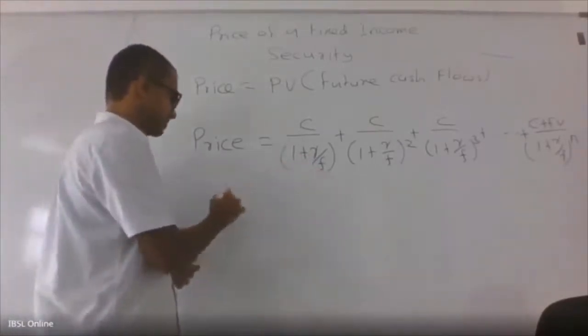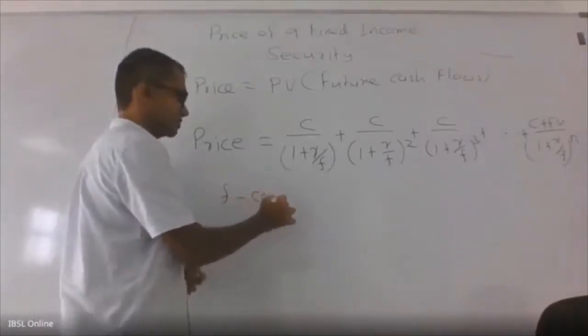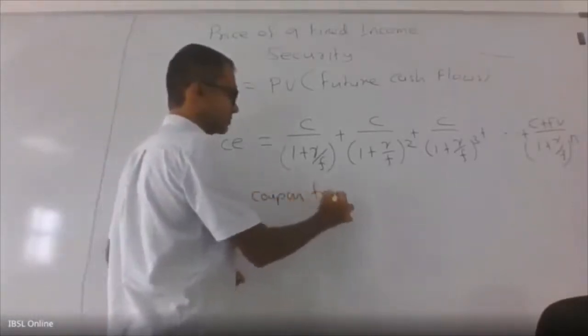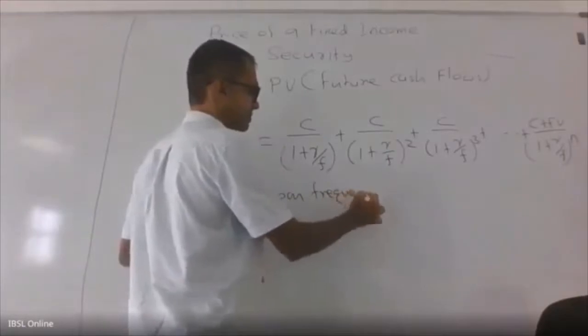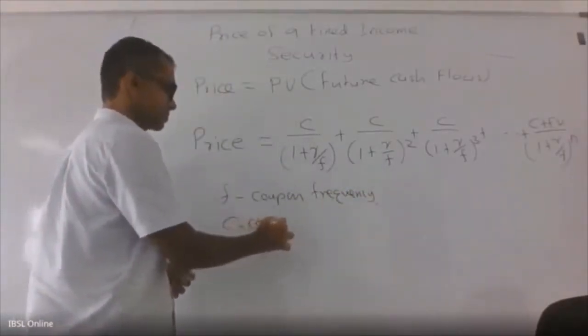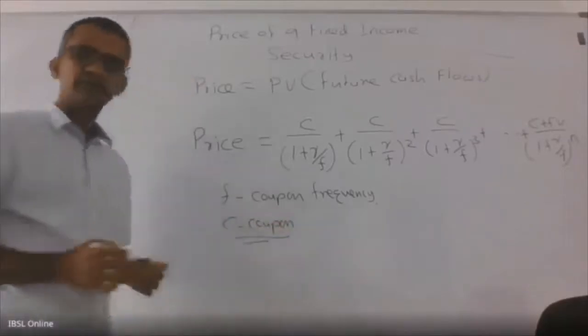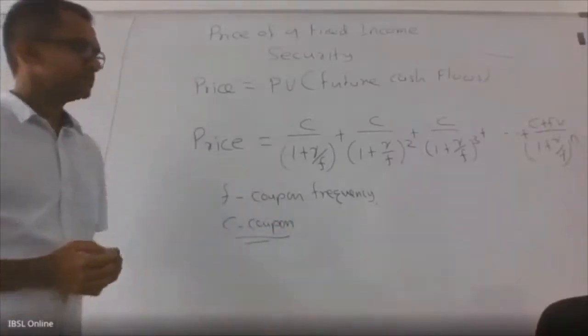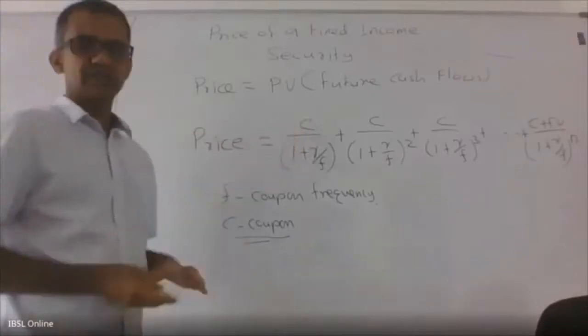This F is the coupon frequency. C is the coupon for that period. This is the long equation.